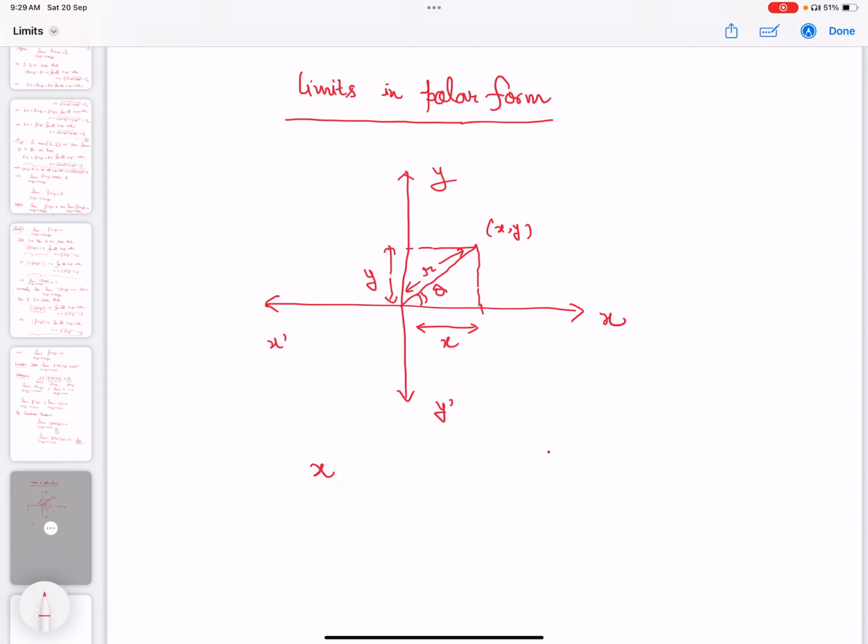So x square plus y square is equal to r square. You can see from here that x upon r is cos theta, so x is equal to r cos theta, and y upon r is sin theta, so y is equal to r sin theta.